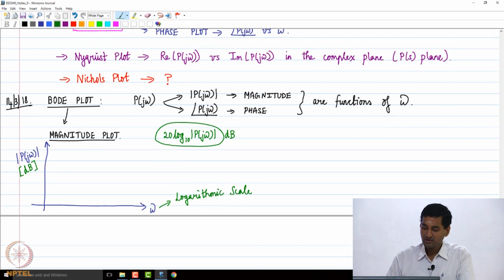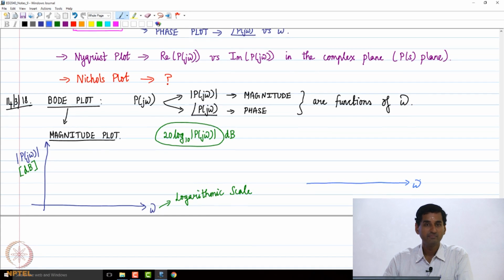What do you think is the difference between a logarithmic scale and a linear scale? Most of us are exposed to a linear scale while plotting. So what is a logarithmic scale? If I plot omega on the x-axis using a logarithmic scale, how can I characterize it?